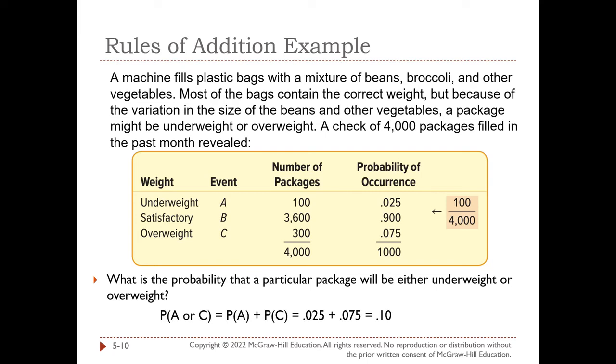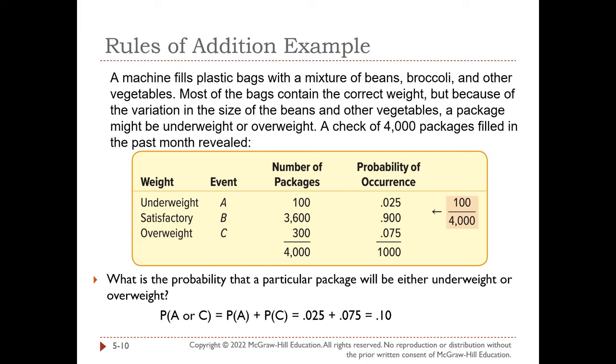Satisfactory, B, was 3,600. Wow, that machine was cranking pretty good, which ended up being about 90%. And overweight, C, was only 300, which came out to 7.5% of the packages. Again, add them all up. Make sure it equals 1. Always do that. It's a good double check to make sure you got all your percentages.